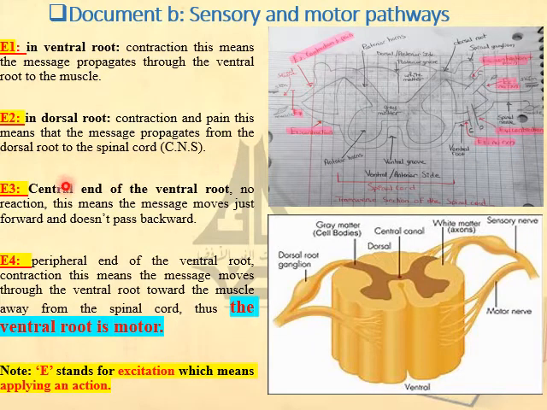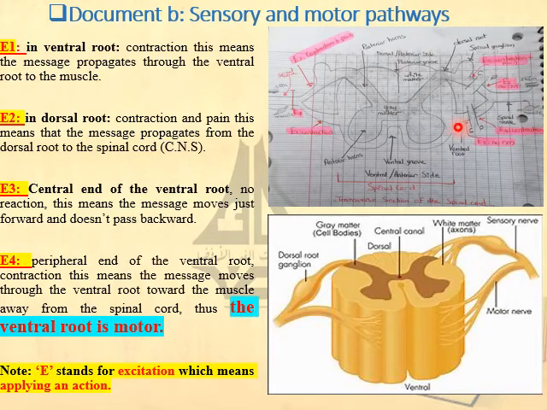First of all, they told you central end of the ventral root, before they make a dissection, they cut it. Look at this, please. Once cutting took place, we obtained two ends, right? Two sides. This side, which is toward the spinal cord, and the other side, which is toward the periphery, the muscle.